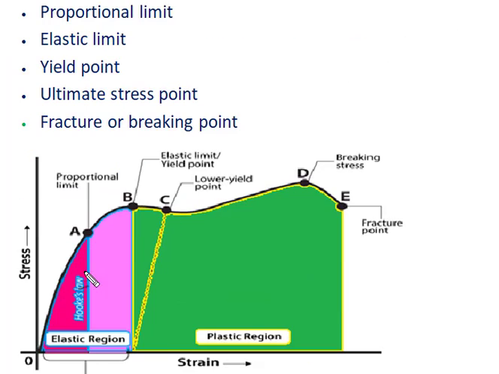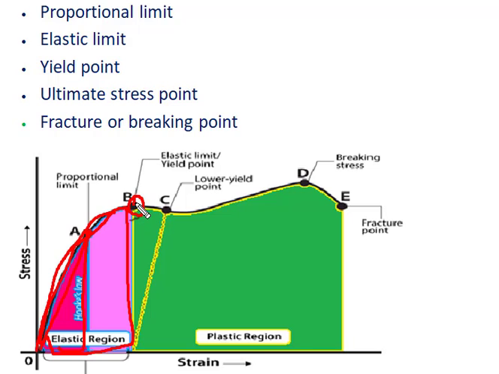From O to A, this area is the proportional limit, and the region from A to B has some elastic limit. So this whole area is called the elastic region. After that elastic region, this point is also called the elastic limit or yield point.